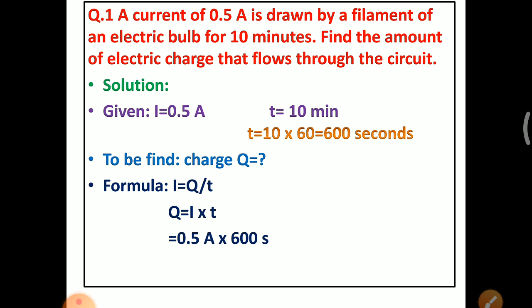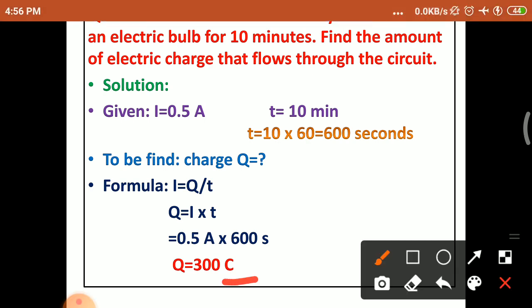Don't take 10 minutes because this is not a proper SI unit. When I multiplied 0.5 into 600, I got 300. So Q equal to 300 coulomb. The unit of Q is coulomb. Here the unit of I is ampere, the unit of T is second, and the unit of Q is coulomb. I hope you understood.